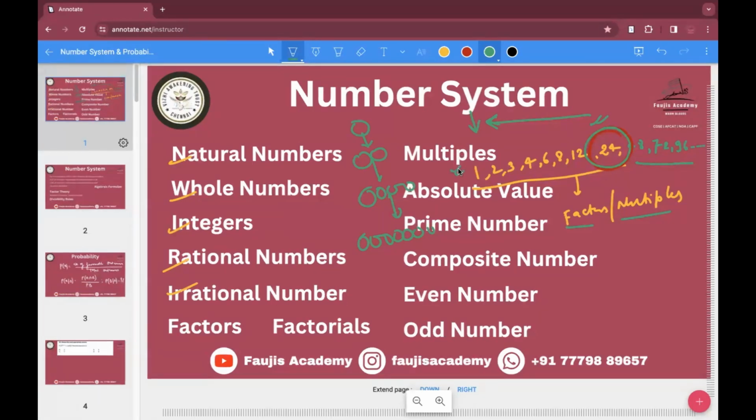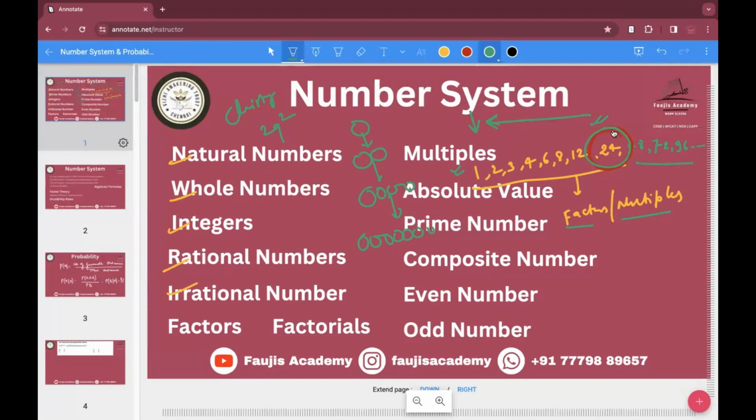Now let's call Christy. Good morning. Yes, sir. Okay, leave it. Tell me the numbers that I have highlighted in green.